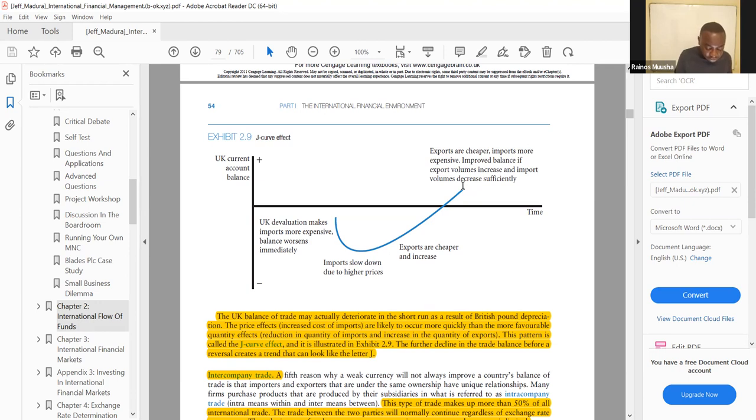The further decline in the trade balance before a reversal creates a trend that looks like the letter J. So this is the J-curve effect on the current account balance when the home currency depreciates. Is there any question regarding the J-curve effect? Any questions?